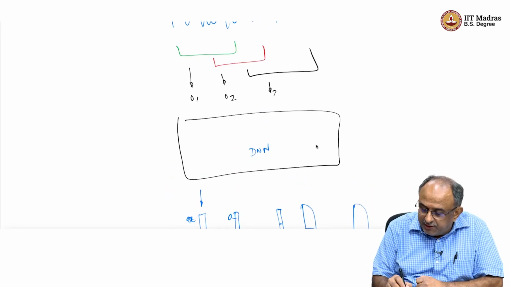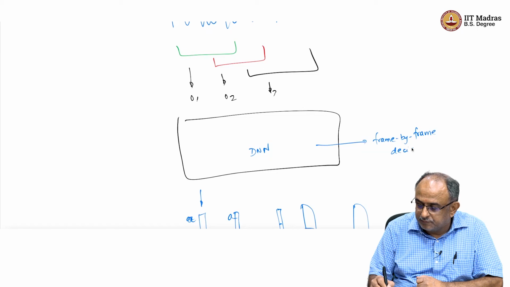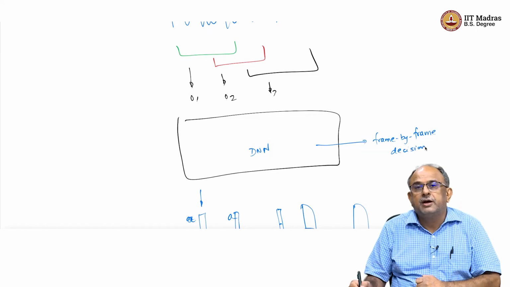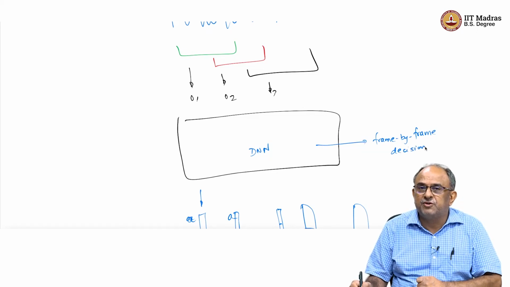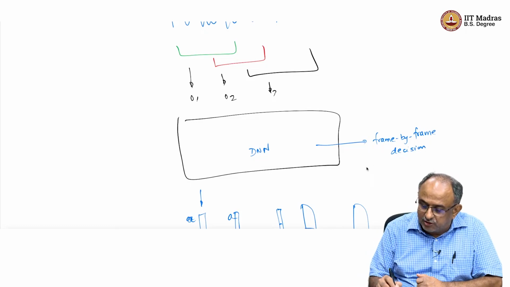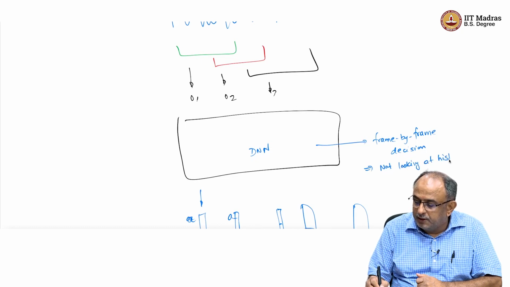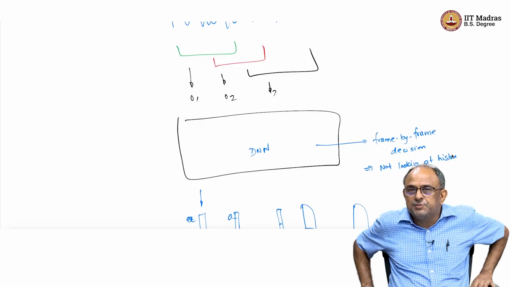It is doing a frame by frame decision, and it is not looking at history at all. It does not have memory.